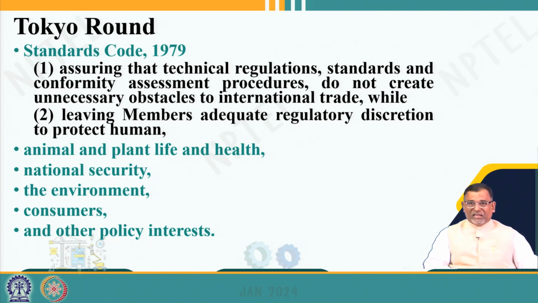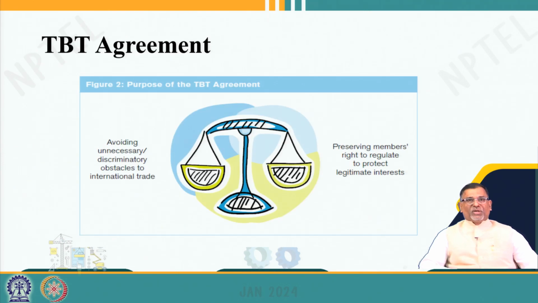And again, like SPS, it gives discretion to the member countries to protect animal health, plant health, and also food safety standards. The only exceptions given are the national security exceptions, and also to look into the policy interest of each and every country.